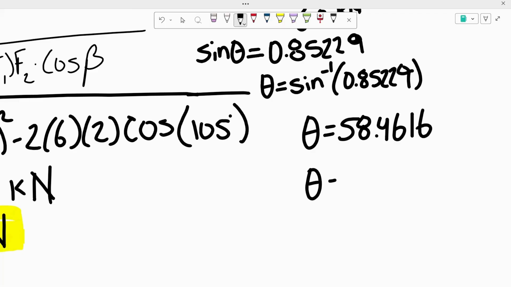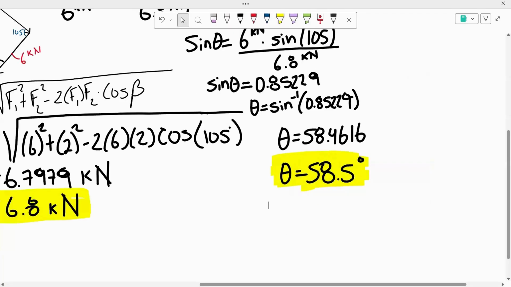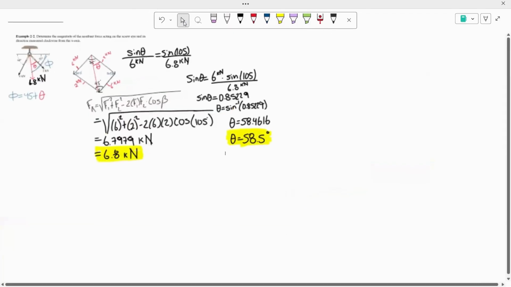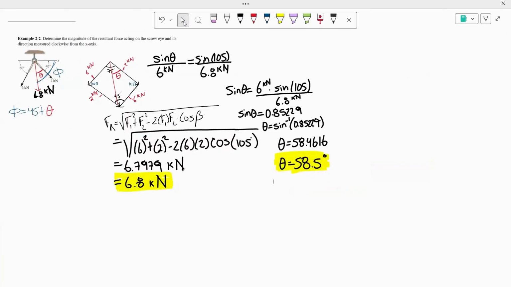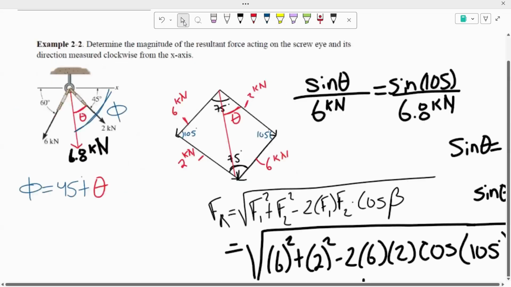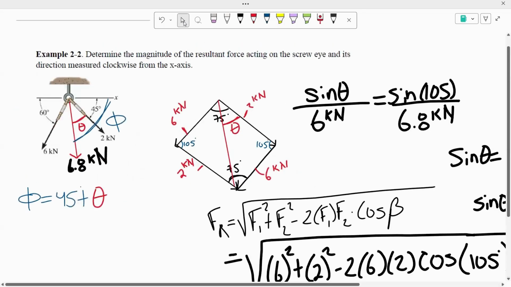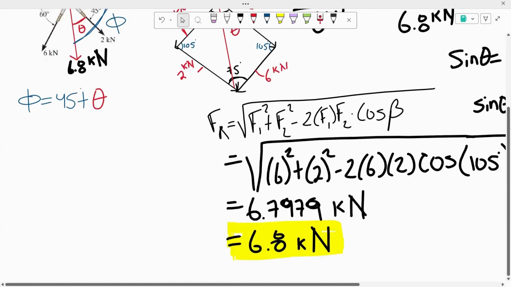So theta, if we round that, is 58.5 degrees. So that's how you find theta, but that's not the answer, as you guys remember. What we're trying to find is phi, and we said that phi equals 45 plus theta. So there's still one more step to go.